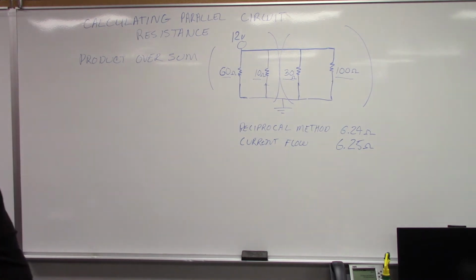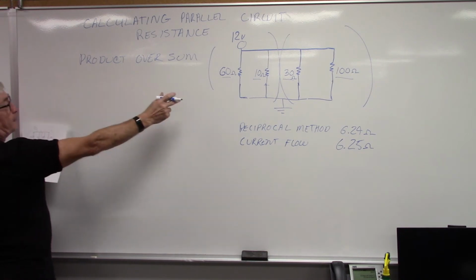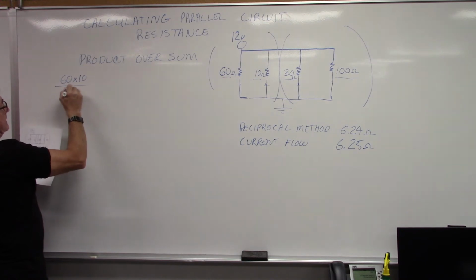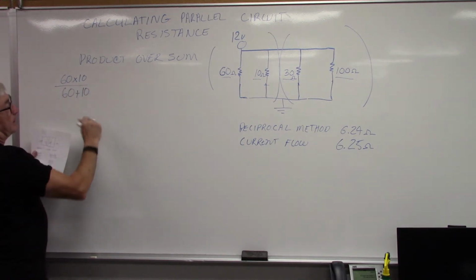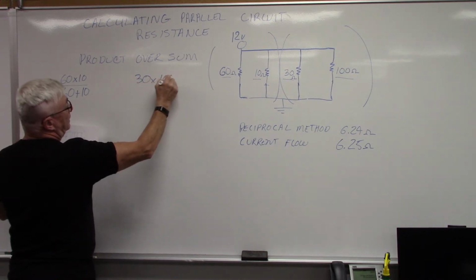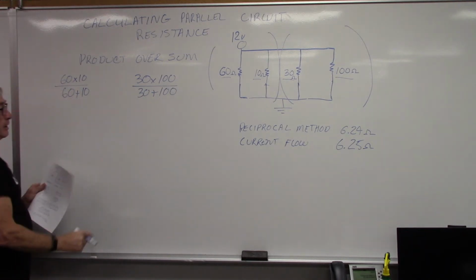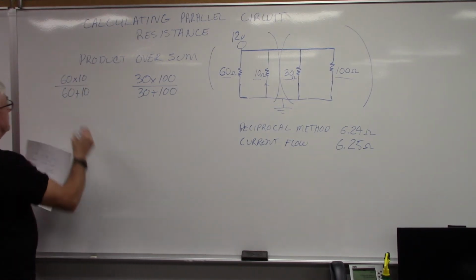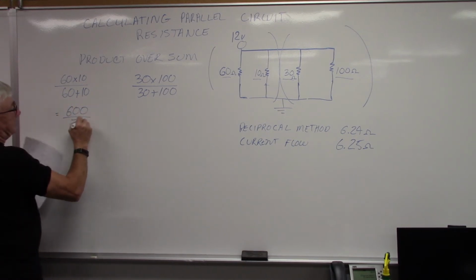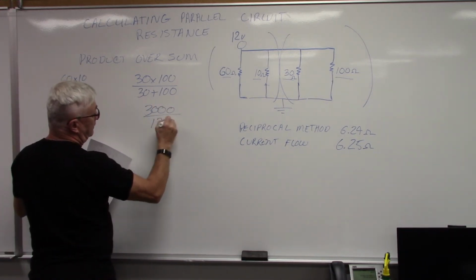So product over sum for the first half is 60 times 10 over 60 plus 10. On the other half, we have 30 times 100 over 30 plus 100. We can do each of these out, and the next step brings this to 600 over 70, and this one would be 3,000 over 130.